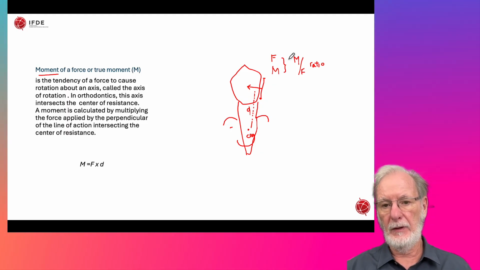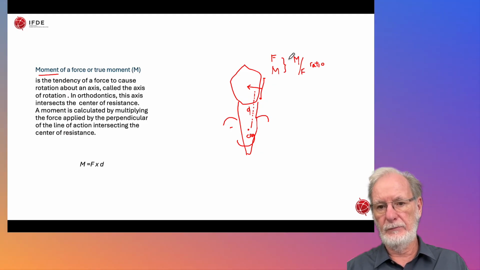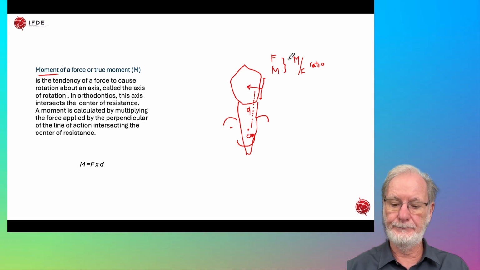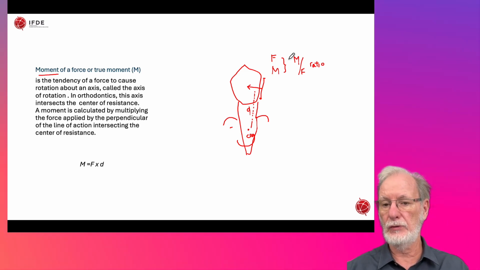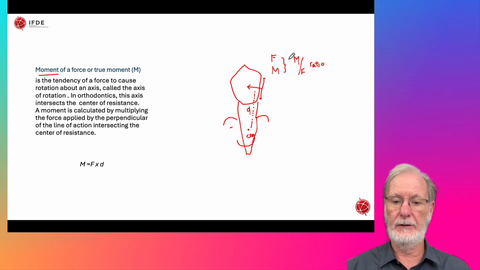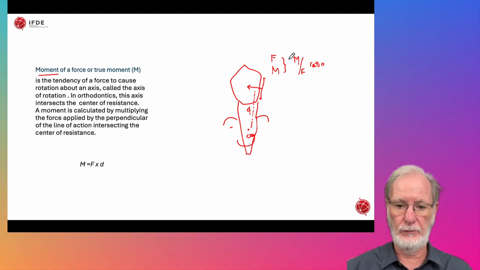So always keep in mind this, the moment to force ratio drives the type of movements you will want to obtain on a single tooth, but it also applies, by the way, to a group of teeth, because a group of teeth will have a different center of resistance, so a different distance, which will translate into a different moment to force ratio, resulting in different types of tooth movement.